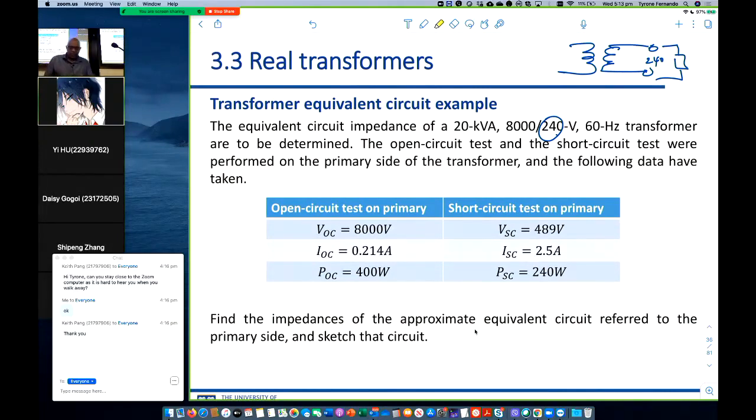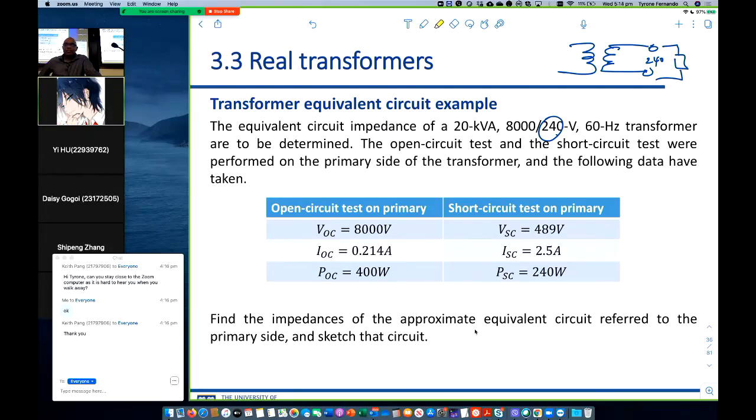All right. So let's look at an example, right? It'll clarify what we discussed on the open circuit test and the short circuit test. The equivalent circuit impedance of a 20 kilovolt amp, so that's the rated power, 8,000/240 volts transformer are to be determined.